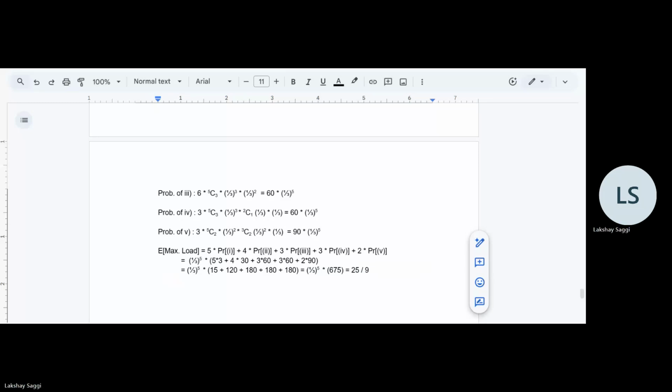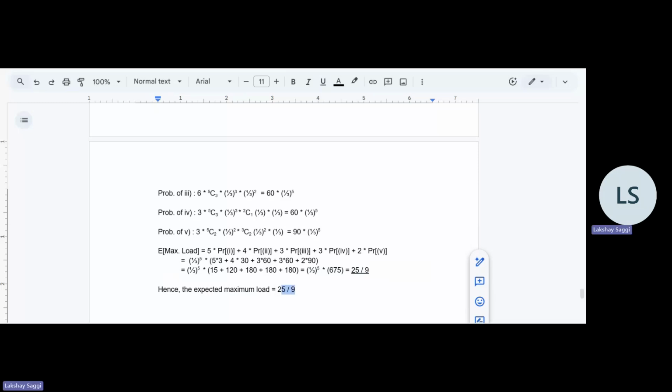So 25 by 9 is the answer, and the expected maximum load is equal to 25 by 9.